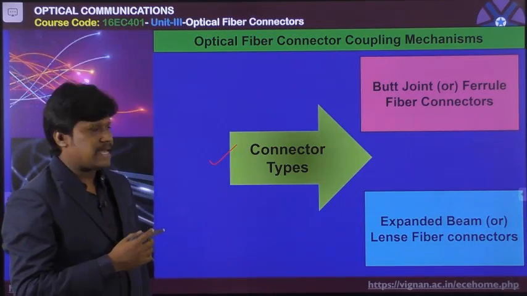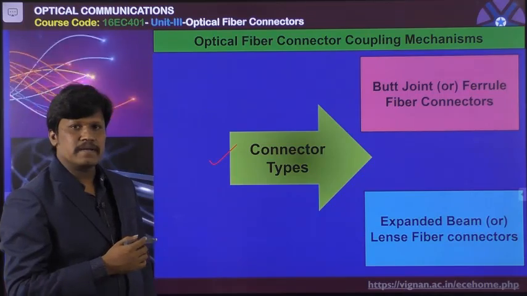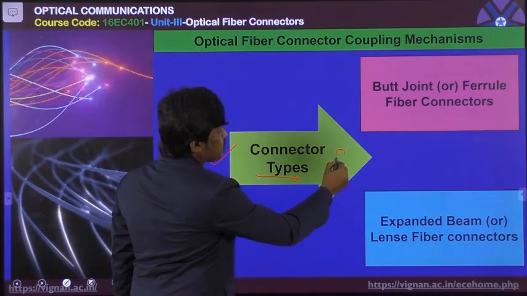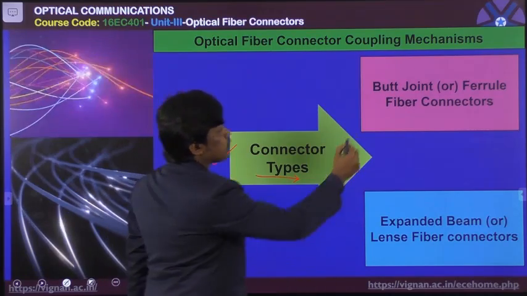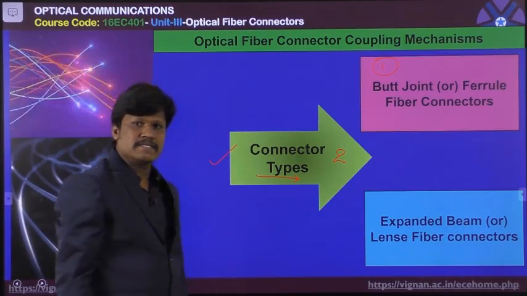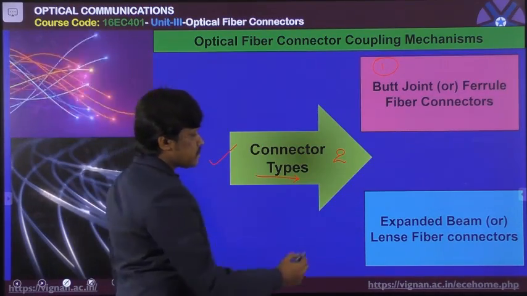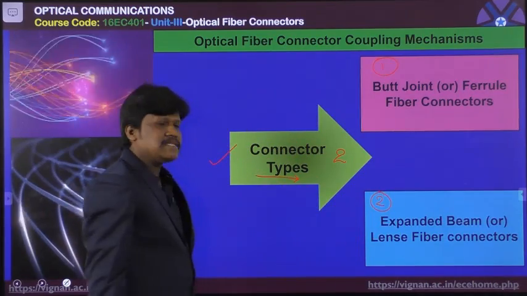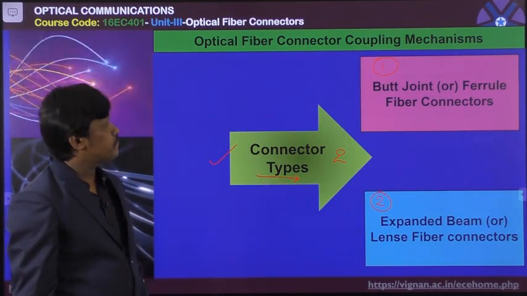The two fiber connector types are butt joint or ferrule fiber connectors, and expanded beam or lens fiber connectors.